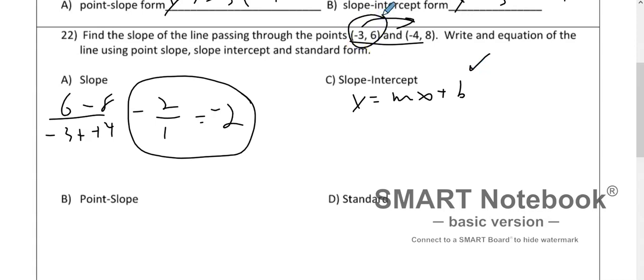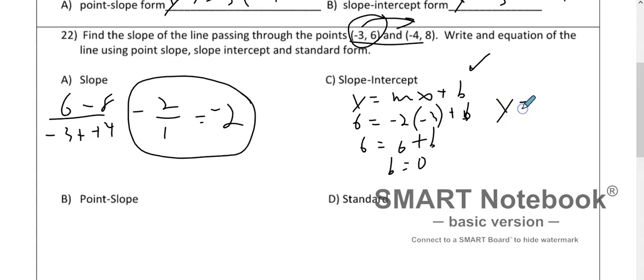So my y is 6, my m is negative 2, and my x is negative 3 plus b. So 6 equals 6 plus b, b equals 0. Oh, that's easy. So my slope-intercept form is y equals negative 2x, technically plus 0, but that's all you have to write.